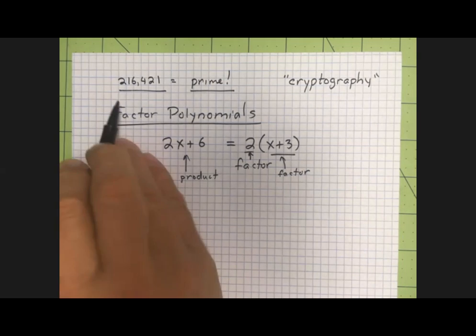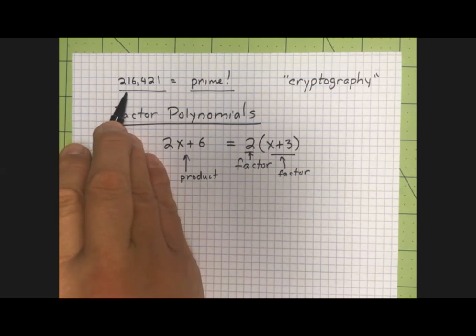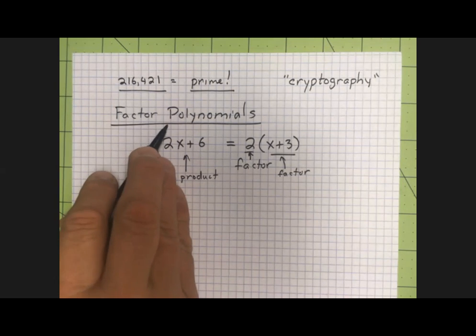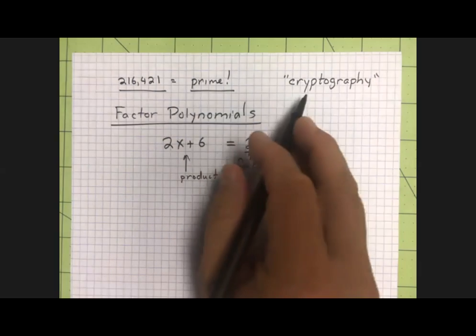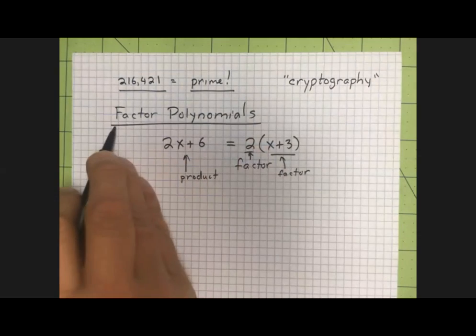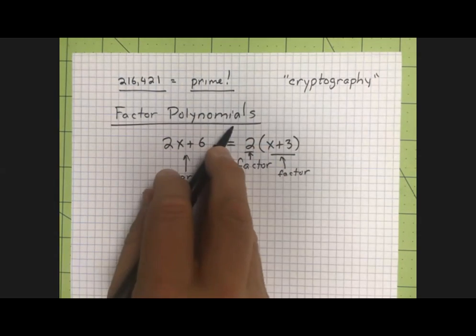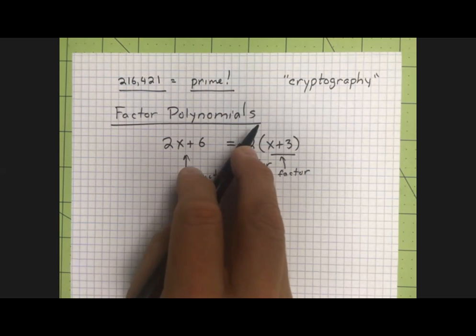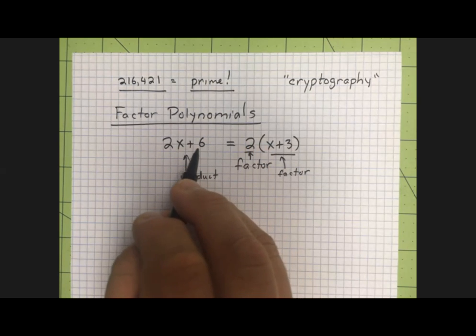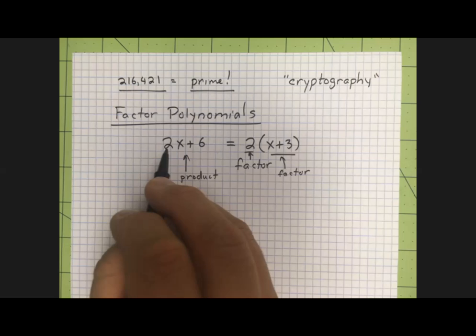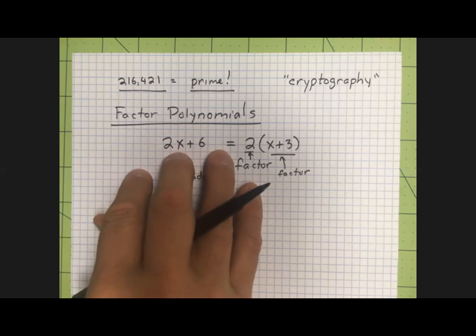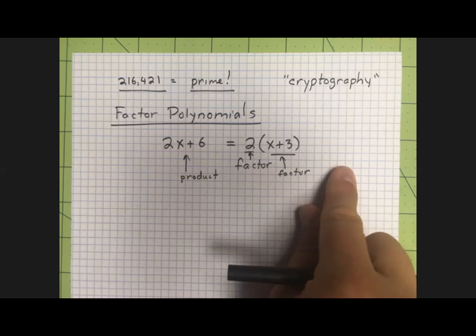So if factoring numbers was cool and had some application to security, I'll tell you that factoring polynomials has an even larger application to cryptography and security. So factoring polynomials is a very, very big deal. The ones that you and I do every day in the algebra class are not as nasty as the ones that are like 20, 30, 40 pieces long.